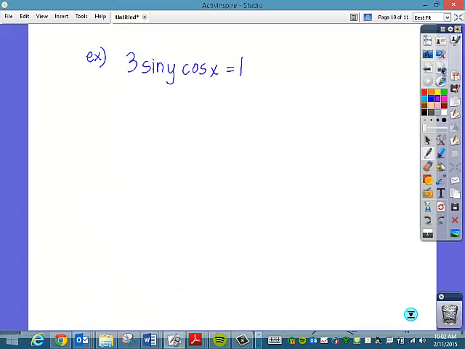Alright, the next one is 3 sine of y times cosine of x equals 1. This is a product rule problem. Our first term is 3 sine of y, our second term is cosine of x. So product rule is first times the derivative of the second. The derivative of cosine of x is negative sine of x.